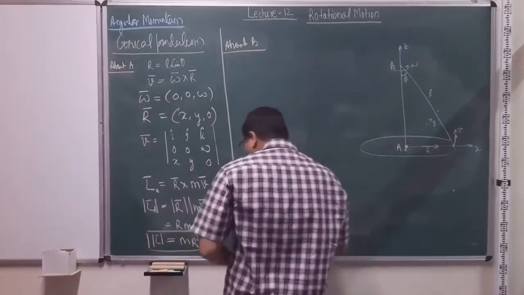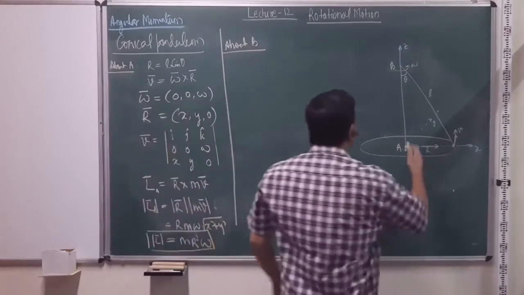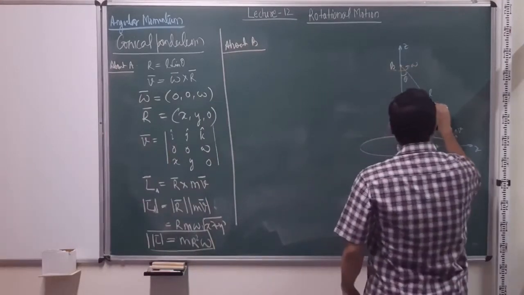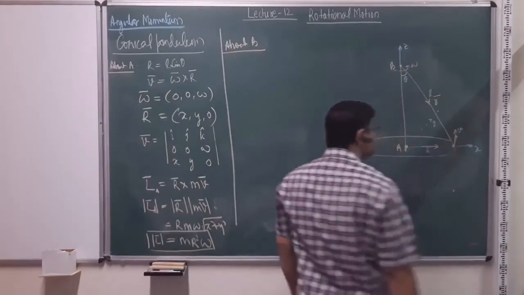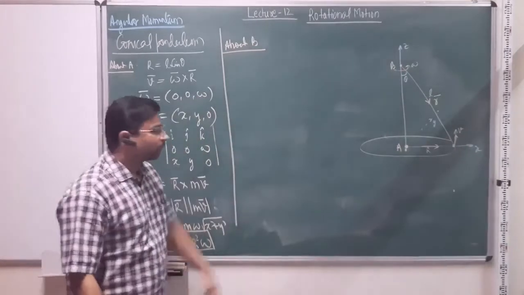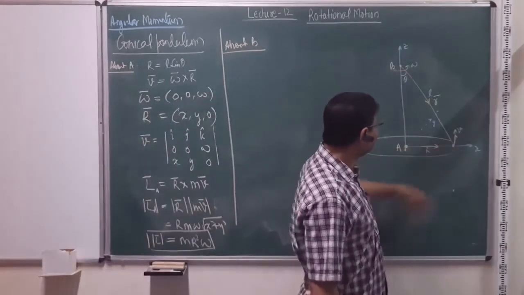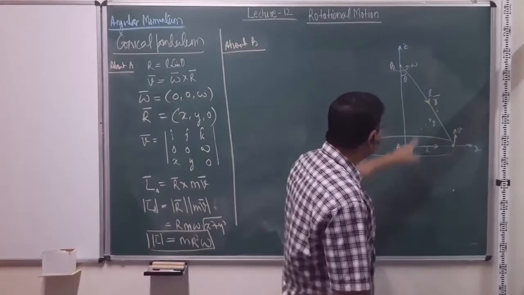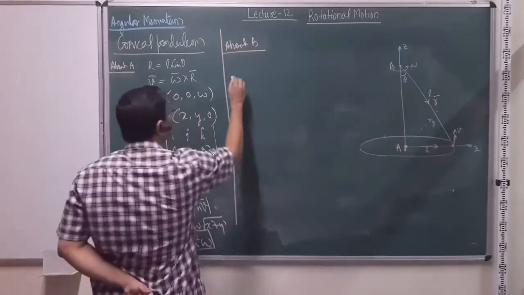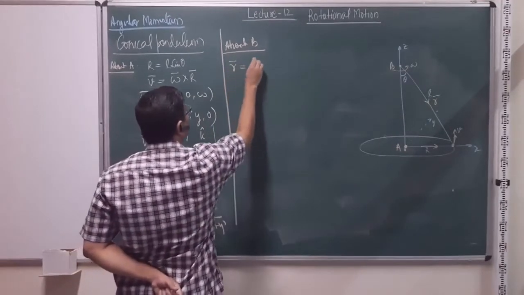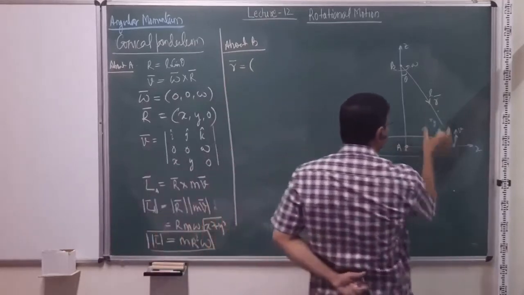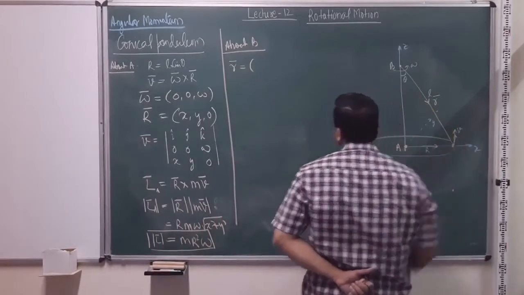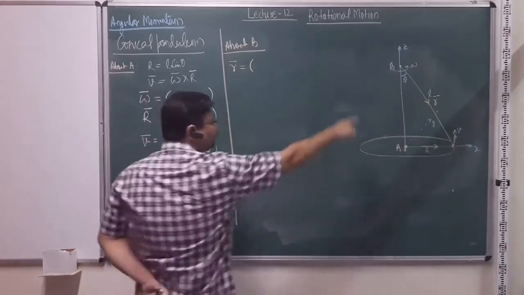So in that case, if that is the origin now, then this is my position vector, because it's from the origin to the object. And now what is the change in the position vector from here? I can write r as, well, it has two components, this r and this additional coordinate.